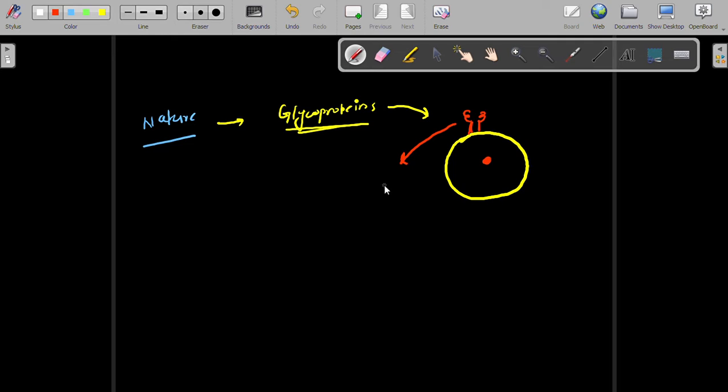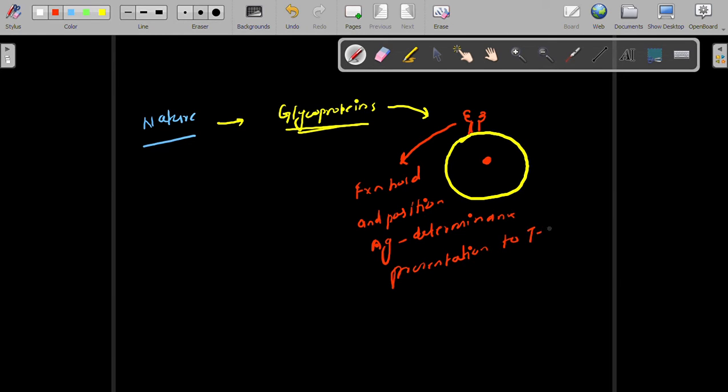Its function is to hold and position antigenic determinants for presentation to T cells. So the MHC containing the antigen will be presented to the T cells. This is the major role of the MHC.